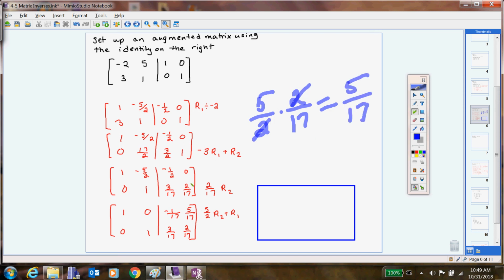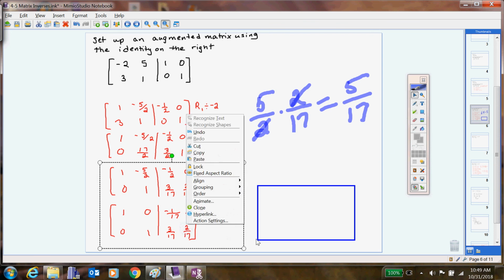And 5 over 17 plus 0 gives us 5/17. This should be a 5. So we'll fix that one.